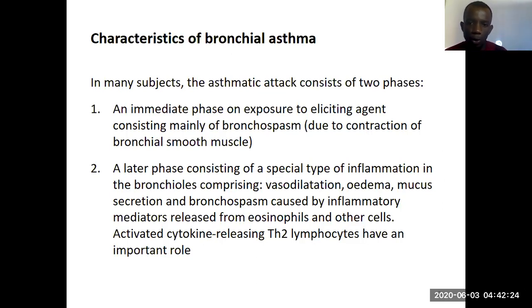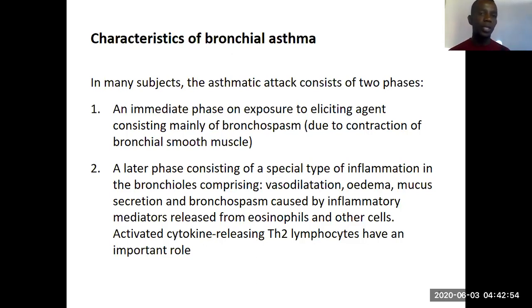Okay, so there was an exposure, bronchospasms have started taking place. Now the body starts to respond to this exposure, to this allergen. So there is this inflammation that has been brought in. Now this inflammation is going to cause all of these things that we've talked about, the vasodilation. The vasodilation is going to give way to more exocytosis, so to say, there will be more fluids leaking into the respiratory tract.